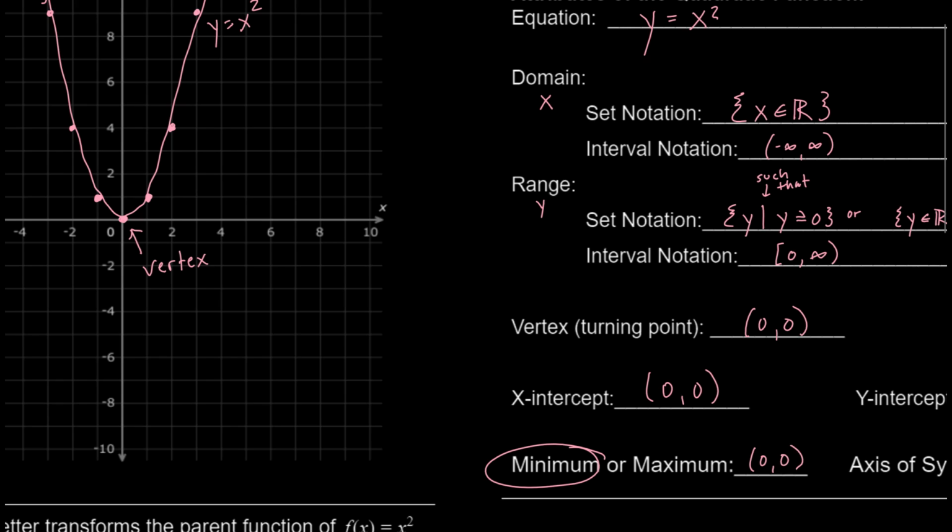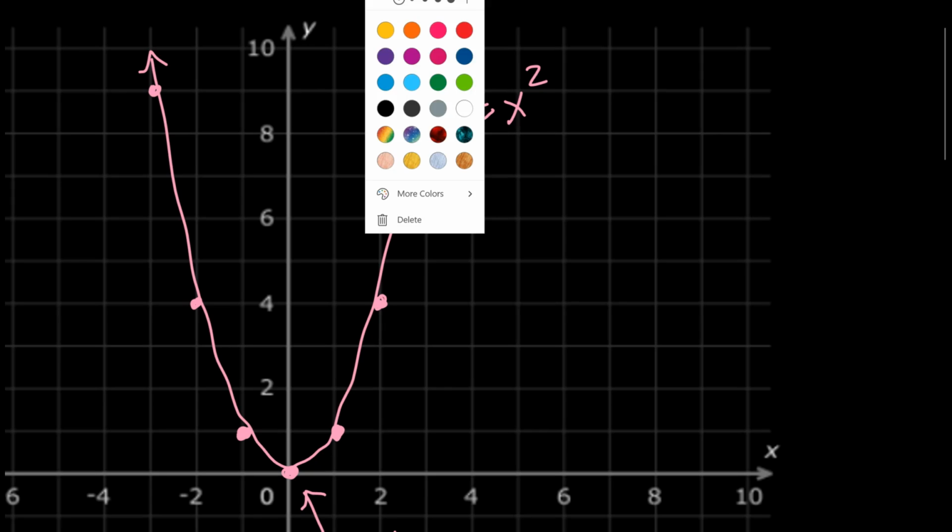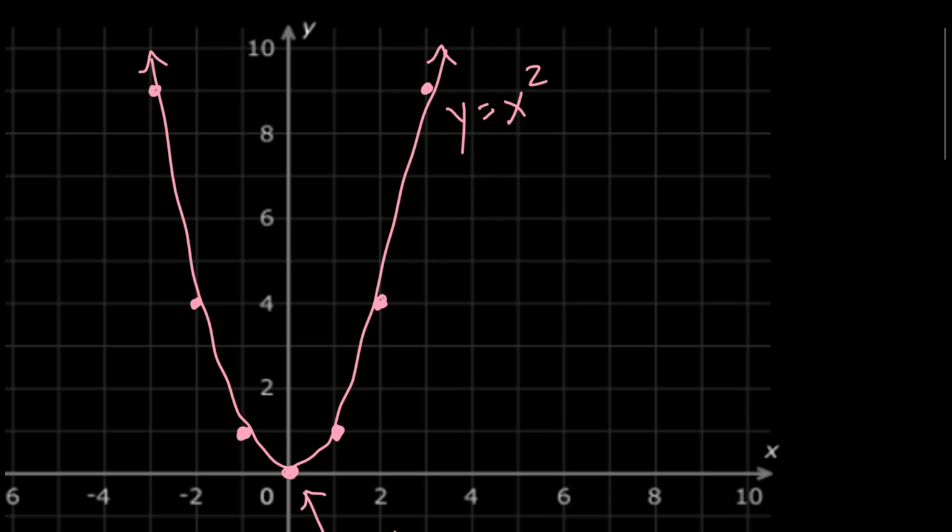Now, it's then asking for the axis of symmetry. Where is the axis of symmetry? It goes through 0, 0, yes, but what is that line called there? Yes. So the axis of symmetry is the line where you could fold this graph and have the graph line up.